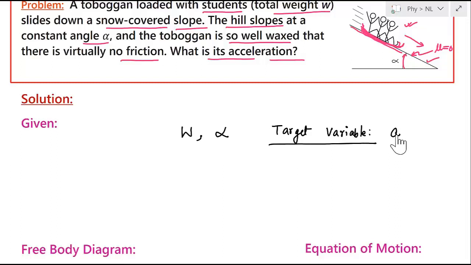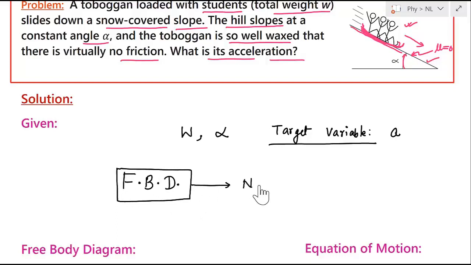Now how will you solve this problem? If you remember, we can use Newton's second law, that is force is equal to mass into acceleration, to find acceleration. To apply Newton's second law, we have to first draw the free body diagram. So the flow chart for solving this problem will be, first draw the free body diagram, and once you have the free body diagram, you can apply Newton's second law.